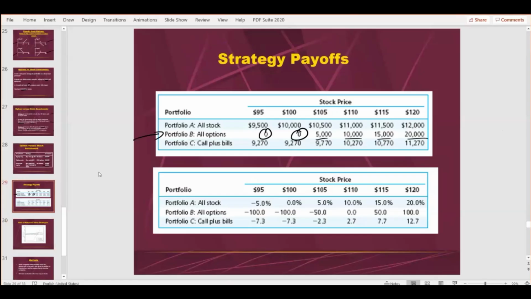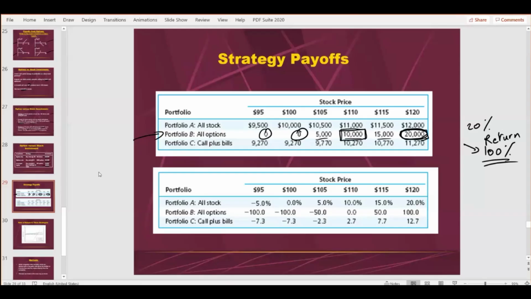Of course, the payoff has to exceed the premium paid, which is $10,000, so I will need to get to $110 in order to break even. However, if the stock price increases by 20%, I will be able to realize a 100% return. In this case, I will have $20,000 as a payoff, minus the $10,000 paid to buy those call options. This means I will end up with $10,000 in profits.